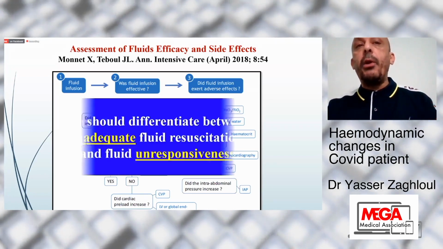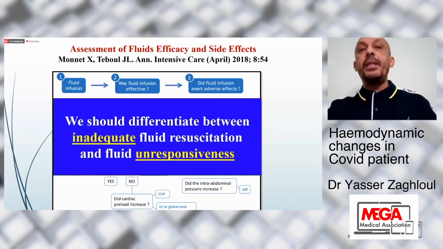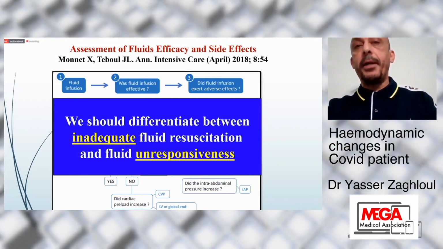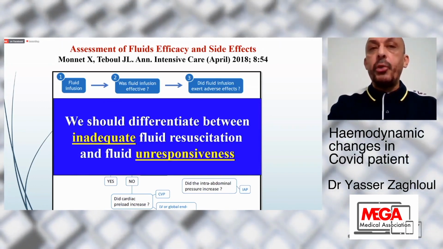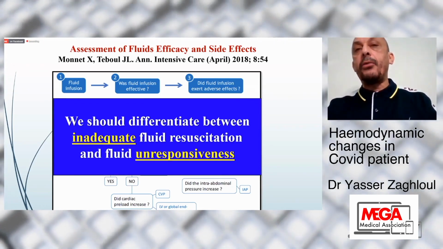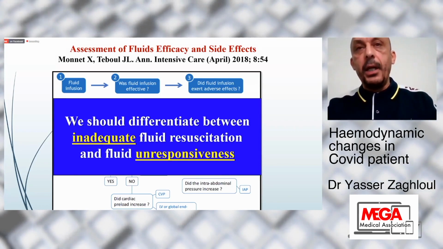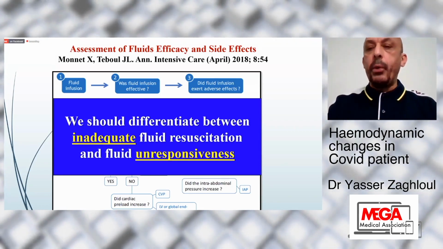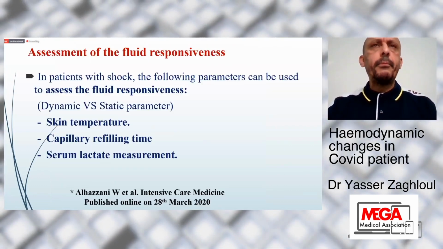So in general, you have to decide if this patient is in adequate fluid resuscitation or fluid unresponsiveness. Because in some patients unresponsive to fluid, if you give more fluids, this, of course, may have side effects. So you have to differentiate between adequate fluid resuscitation and fluid unresponsiveness.